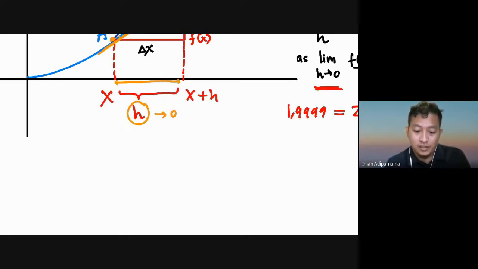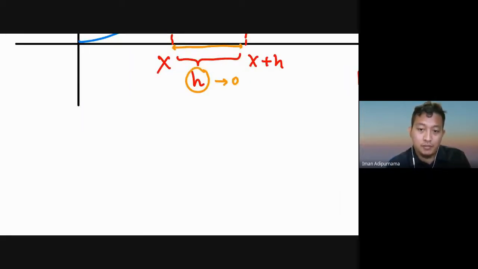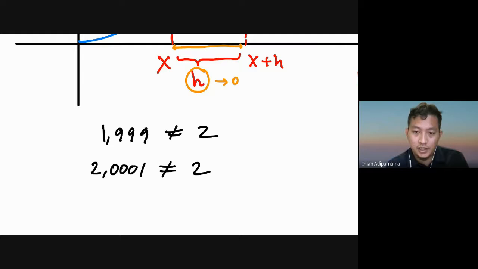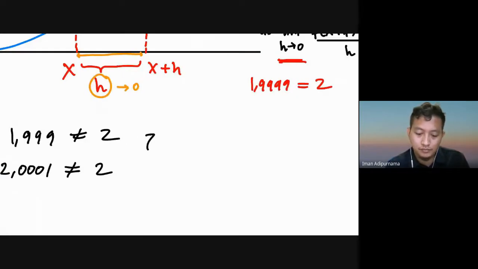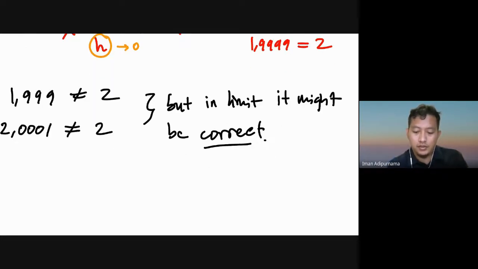When I said that in terms of number, this is, of course, not 2, right? Or we can say this is not the same as 2. But in terms of limit, it might be correct.